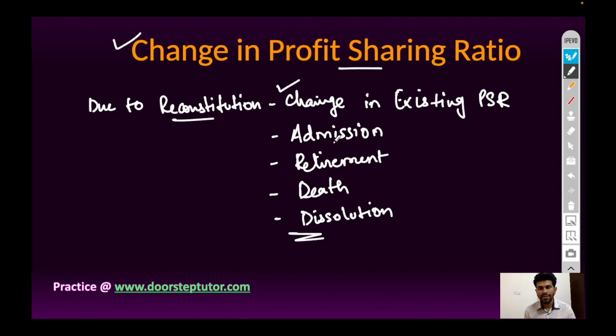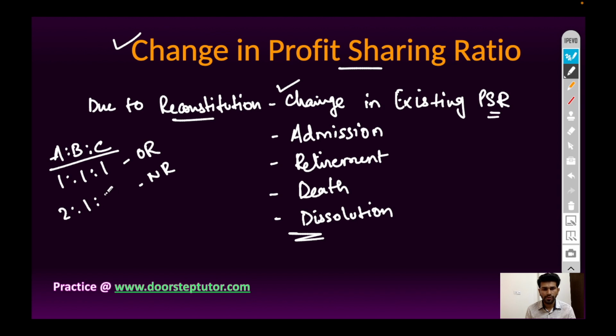First point, change in existing profit sharing ratio. For example, if A, B, C are equal partners, that is, the profit sharing ratio is 1 is to 1 is to 1. If there is change in existing profit sharing ratio, it means this is the old ratio and new ratio is 2 is to 1 is to 1.